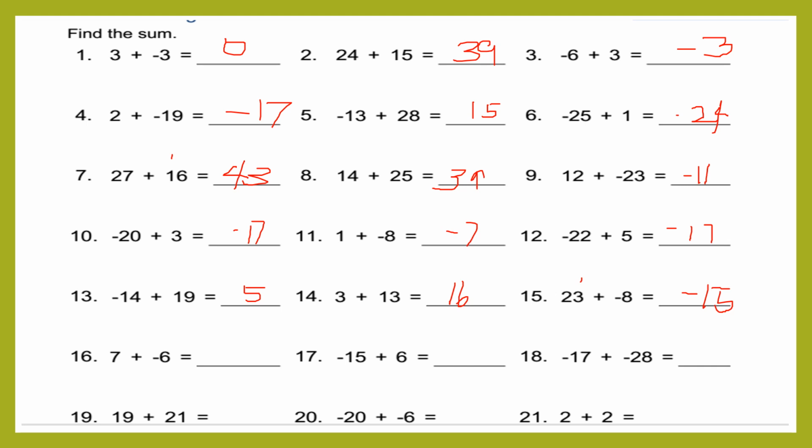7 plus negative 9 is negative 2. Negative 15 plus 6 is negative 9. Negative 17 plus negative 28, so we need to add this one. 8 plus 7 is 15, carry 1, so we have negative 45.